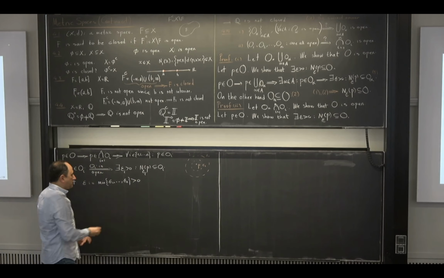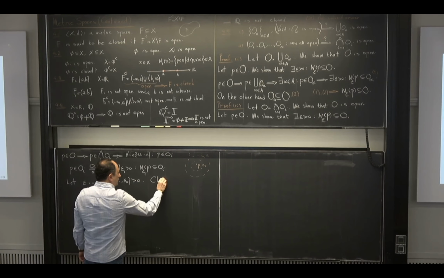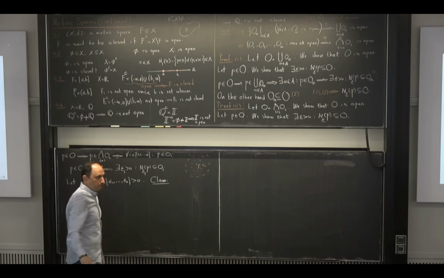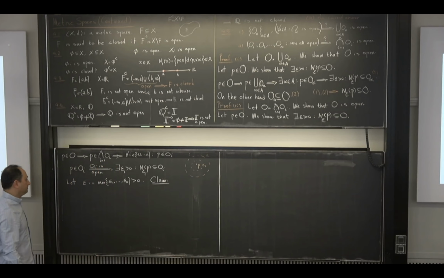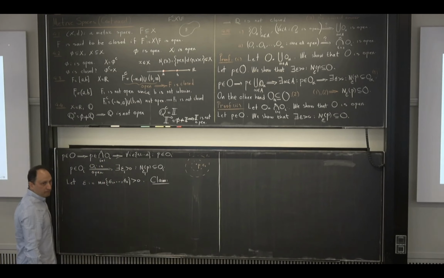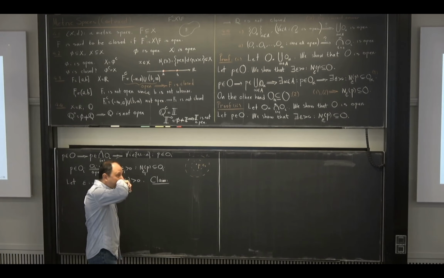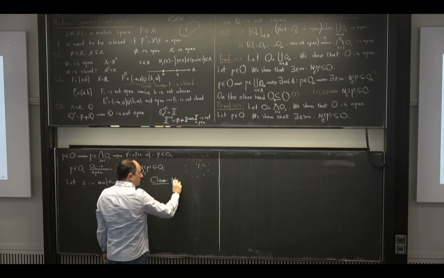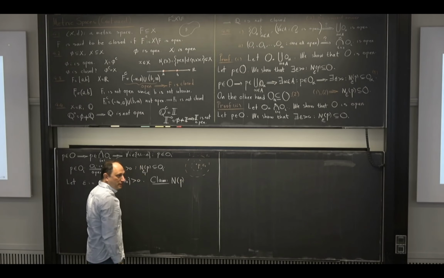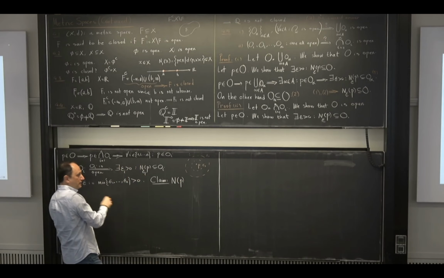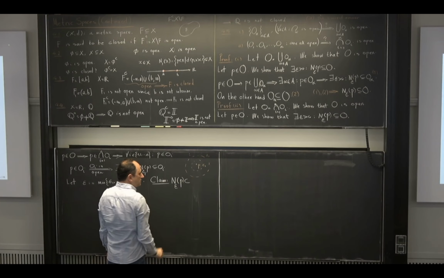Let this claim. Can you fill up the claim for me? What is the claim? The claim is that the neighborhood centered at P, but with the smallest possible epsilon, is a subset of what?